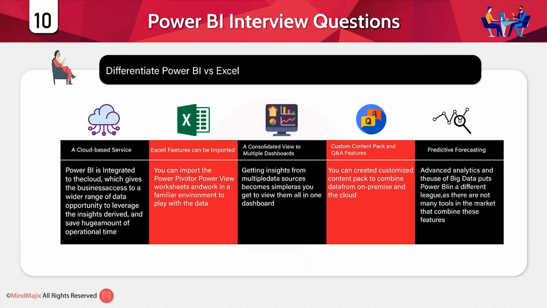That coming into Power BI gives a very good hold to this tool to come up with some meaningful insights and actionables for the stakeholders, which can actually predict future sales. So this is really impactful for any organization. This is the main feature and the main difference between Power BI and Excel.